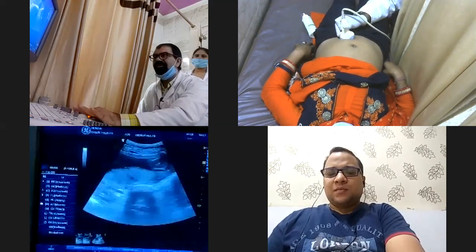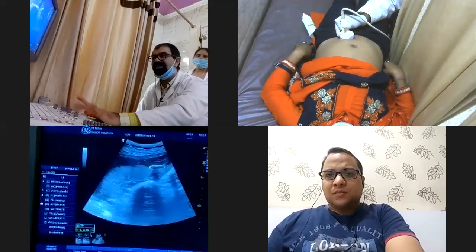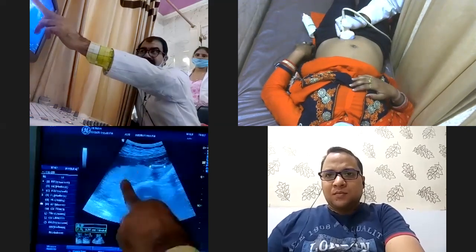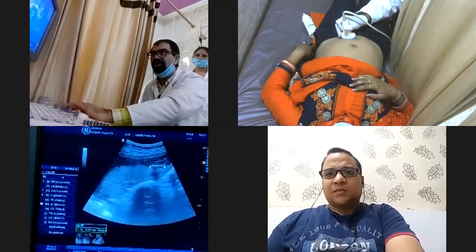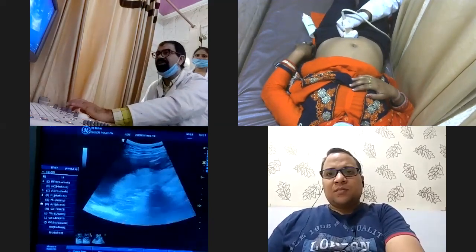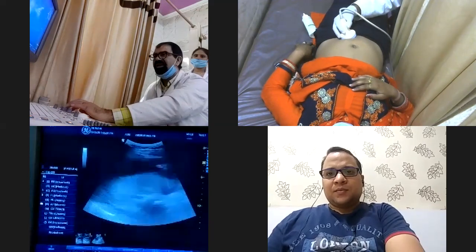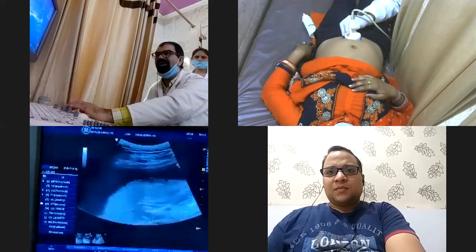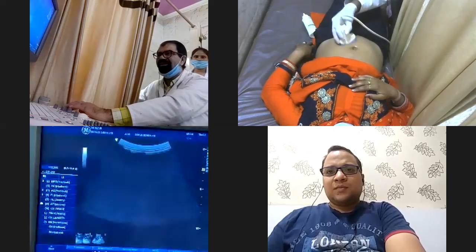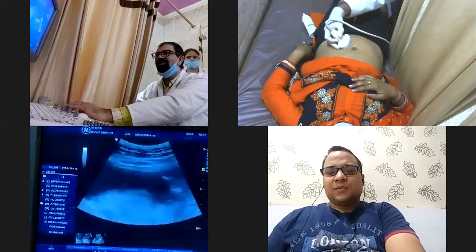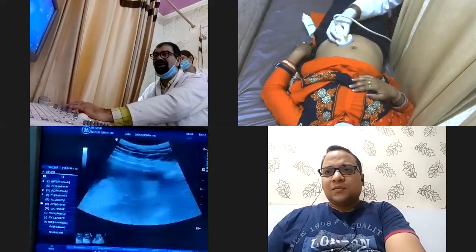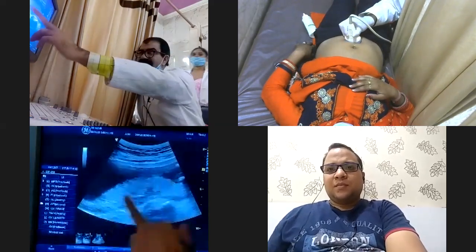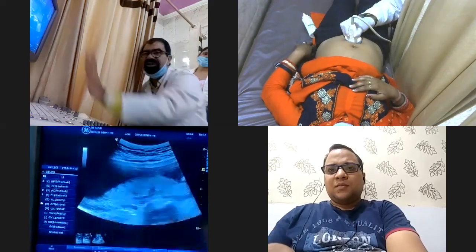You will tell me where this placenta is. Is that on anterior or on the posterior? Now see, this is the placenta over here. Even if you are not doing ultrasound, even if you have no idea of anything, now see the beauty of knowing the basic things. If you are clear with the physics and this machine settings, if you are clear with what you are doing, you can make out that this is the placenta, and whether this placenta is anterior or posterior, you can at least make out.